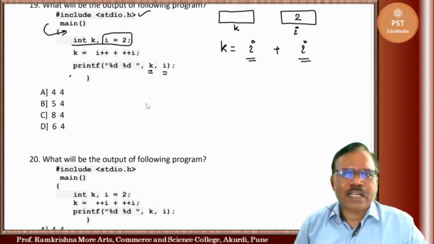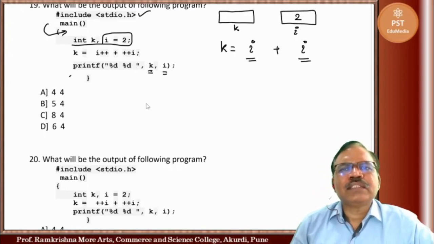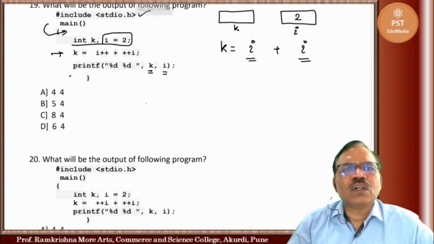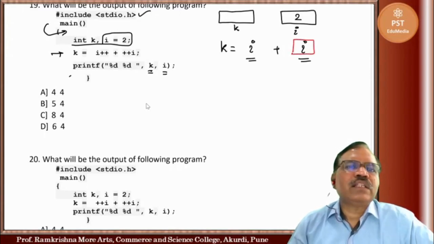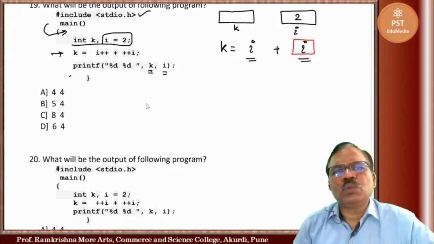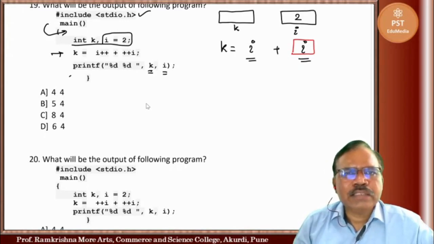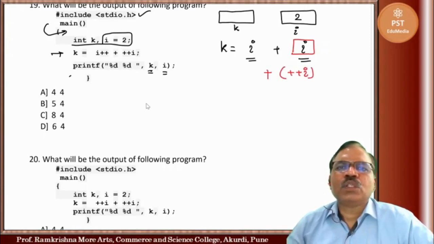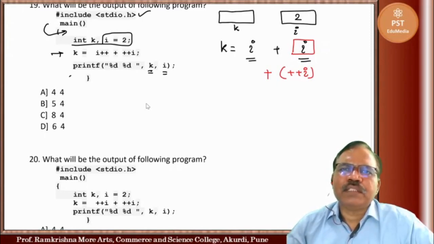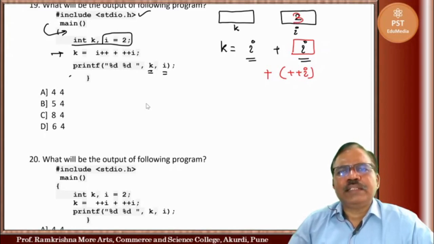So when control comes here, first control will go here with the value of i equal to 2. Now it has plus i, so what happens? i will become 3. At the memory location, i will become 3.